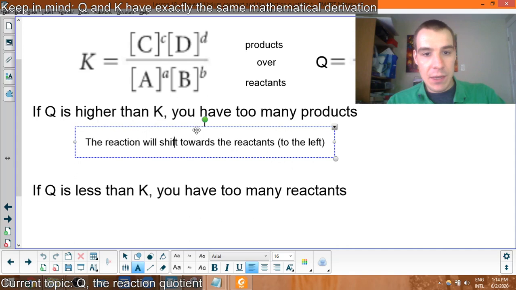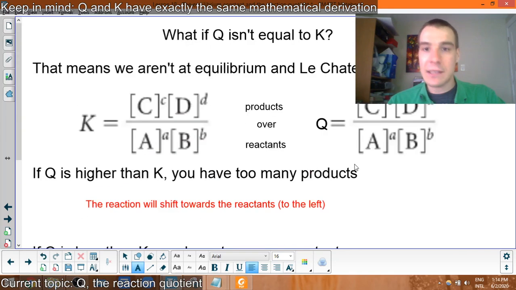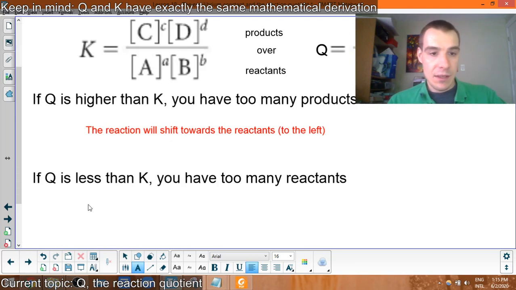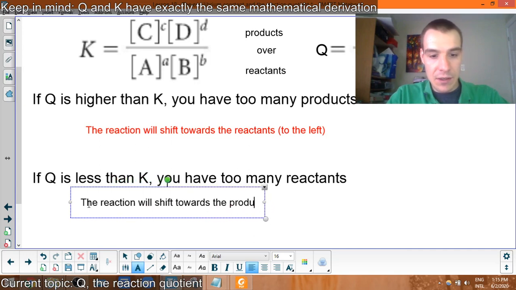If Q is less than K, you have too many reactants, because if Q is small, you don't have enough products. The top is too small or the bottom is too big on our fraction for the Q fraction to get to K. So same concept, right? The reaction will shift towards the products.